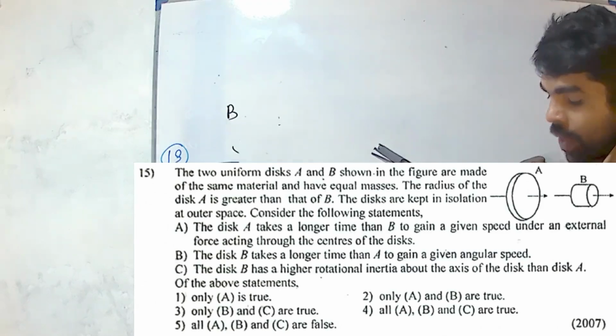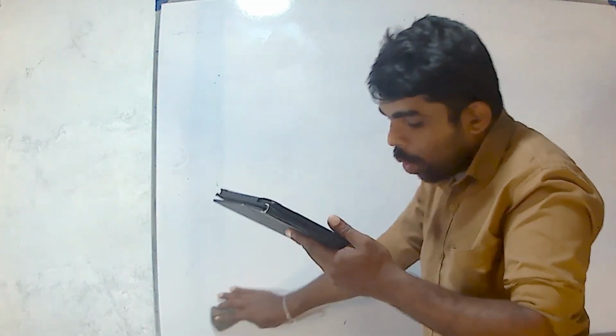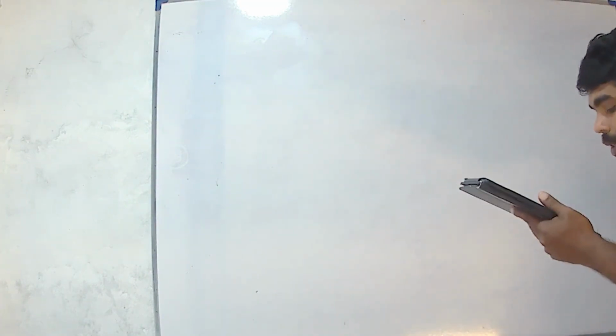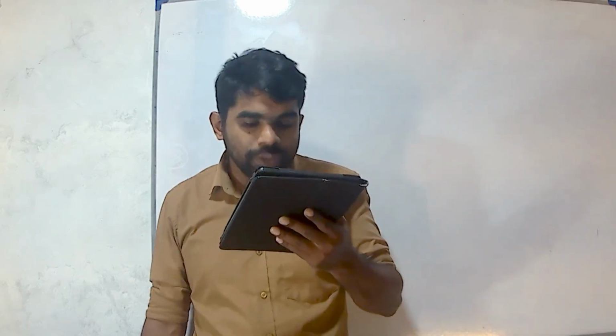Consider the following statements. Part A: the disc A takes a longer time than B to gain a given speed under an external force acting through the center of the disc.